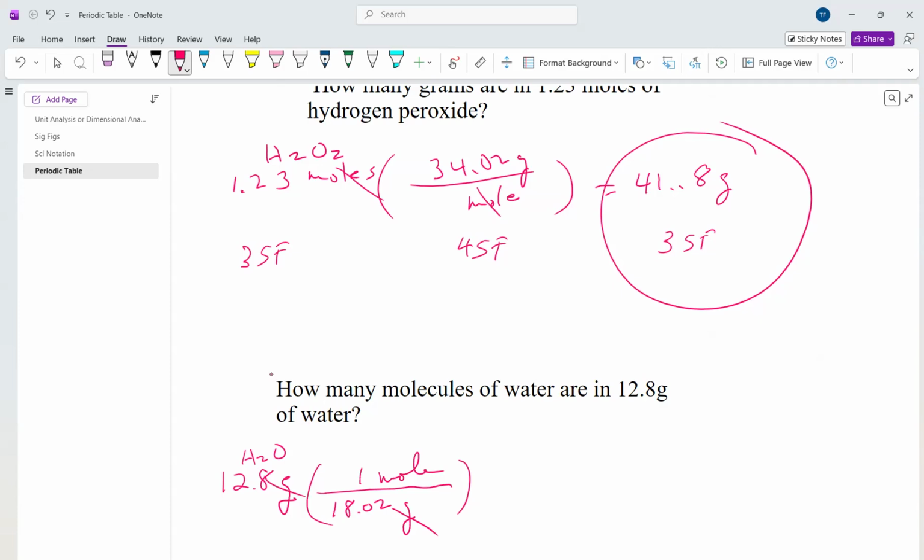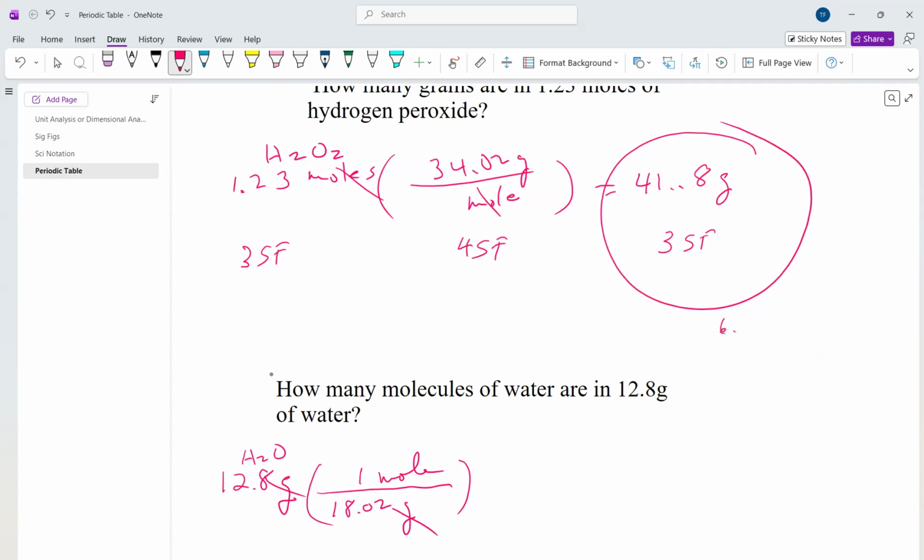Now we're in moles. Now, do we have a conversion factor to go from moles to the number of particles, either atoms or molecules? Yeah, we have Avogadro's number. Remember that one?